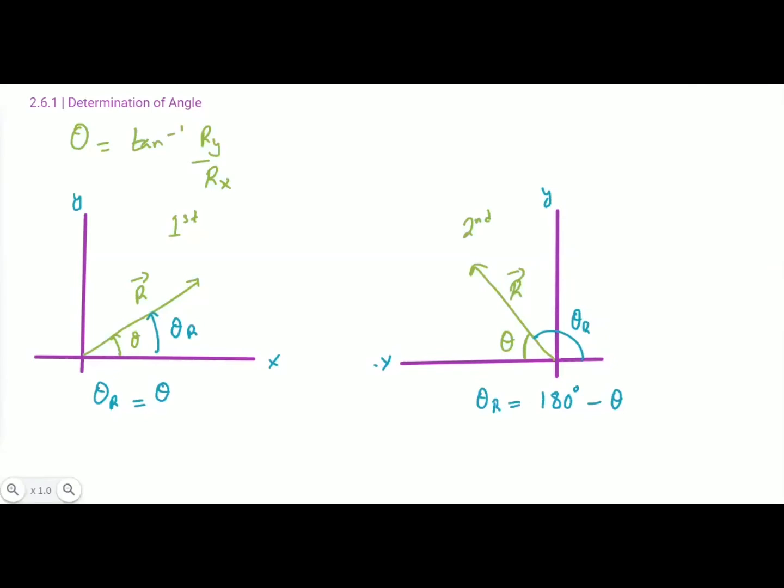And the third case is if the resultant is present in the third quadrant. So if it is present in the third quadrant, it means both the x and the y values are negative.